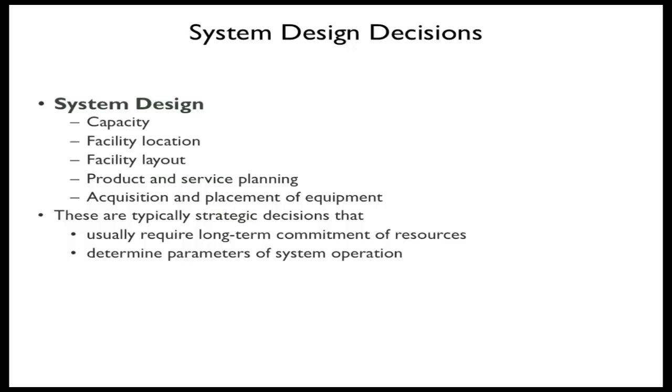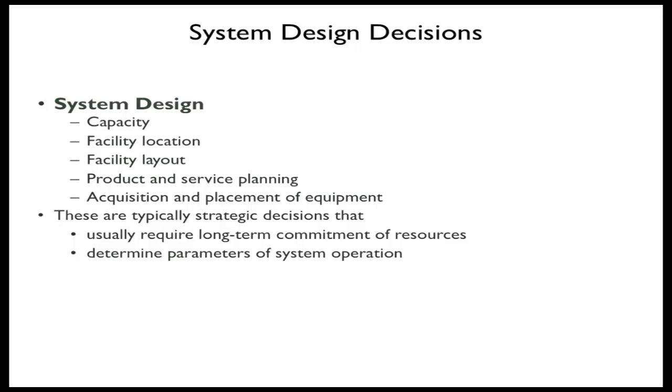So here are some system design decisions. How much capacity do we have? Are we going to have a really large restaurant with a big kitchen, or a small corner restaurant with just a small kitchen? That's a capacity example. Facility layout: where are we going to put the refrigerator? Where are we going to put the stove? Where are we going to put the customers?